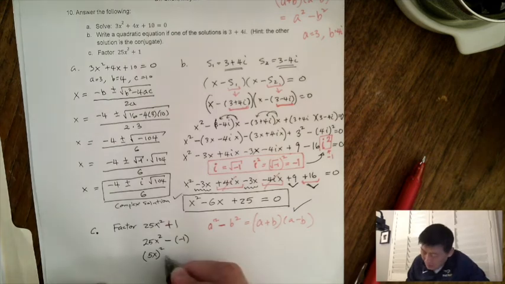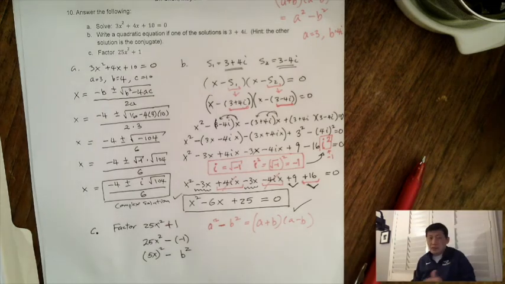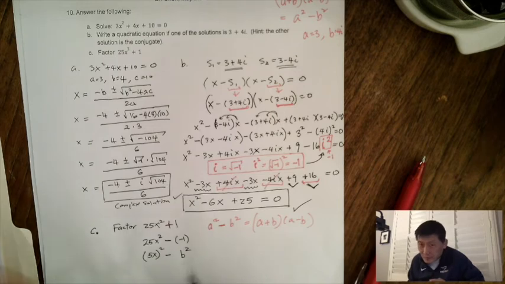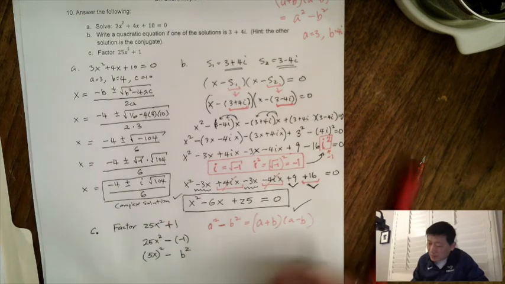And minus b squared. Okay, so I need to figure out what b is. But if I can figure out the value for b, I know that I can set a as 5x and whatever that b is, and I can follow this form.